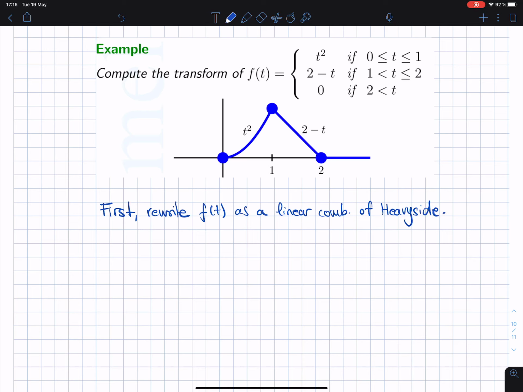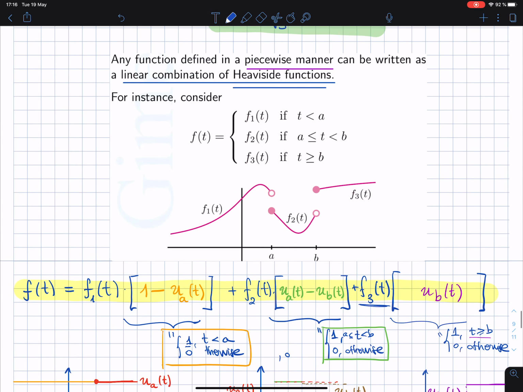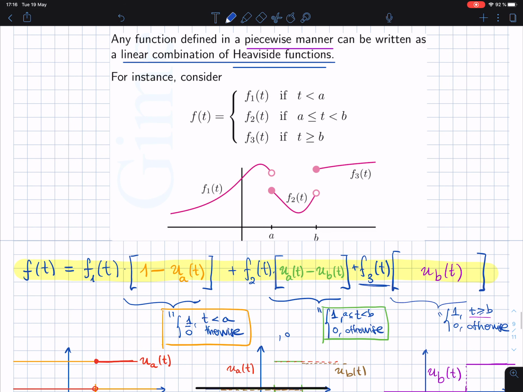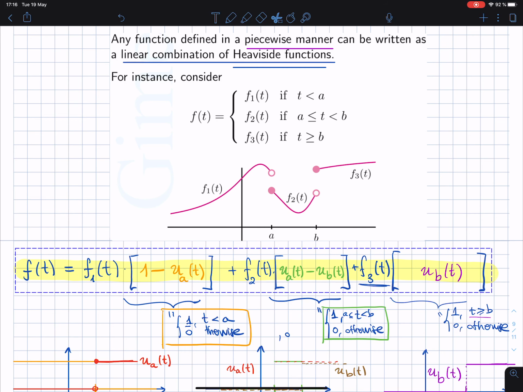This first step is what we covered in the previous video lecture. Let me go back for a moment. In the previous video lecture, we saw that any piecewise function like this one can be rewritten in a single line as a linear combination of Heaviside functions. So that's what we will use now to rewrite our function.